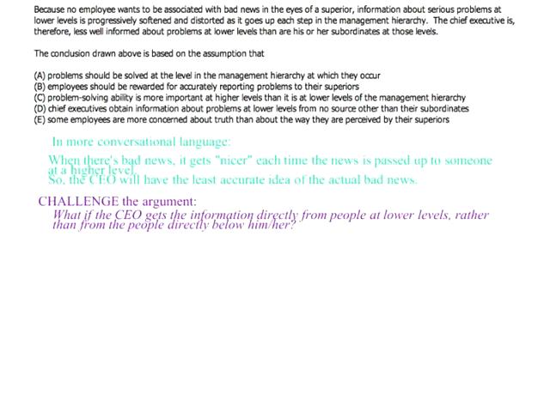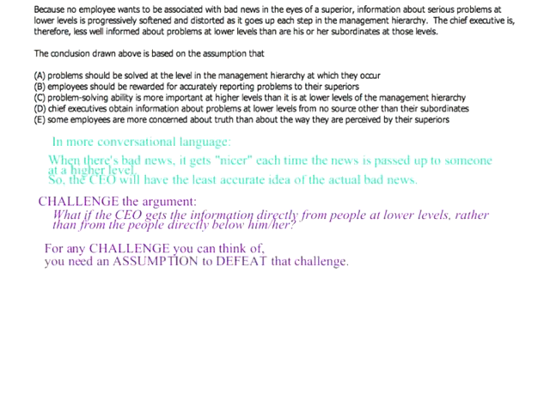In other words, what if the people in the mail room actually just contact the CEO directly and say, hey, here's this problem? The point of assumptions is that for any challenge you can think of, you need an assumption to defeat that challenge. In some cases, there are a lot of these, and you might not be able to think of the exact challenge right away.